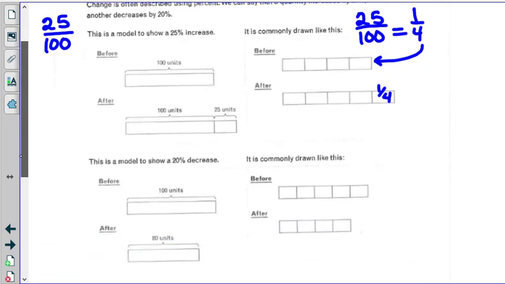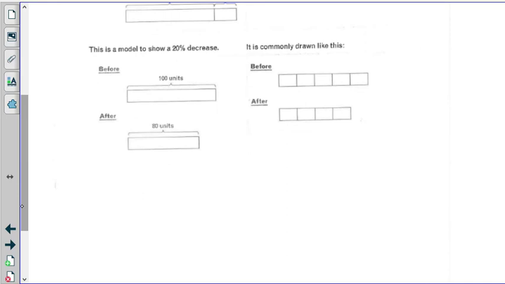This is a model to show 20% decrease. And again, 20% of a decrease, 20 over 100, that's the same thing as 1/5. So we're going to take away 20 units here, or 1/5.